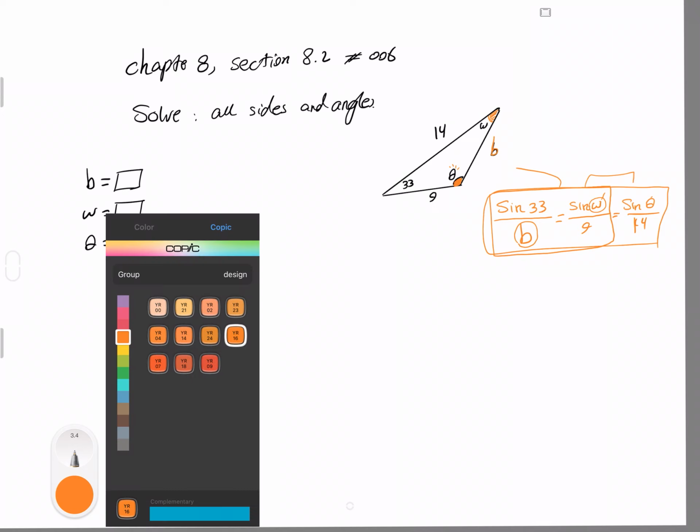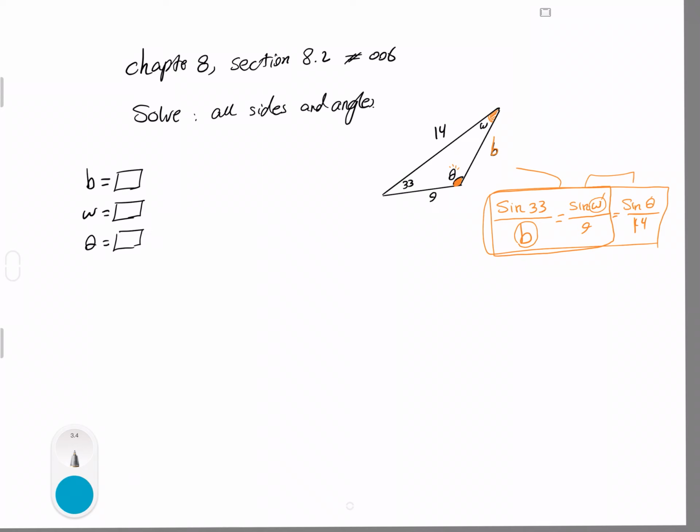So let's apply law of cosine. For the side we're looking for, we have the angle in front of it, 33 degrees. So I'm going to write b squared equal to 9 squared plus 14 squared minus 9 times 14 cosine of 33 degrees. This formula comes from your note sheet.